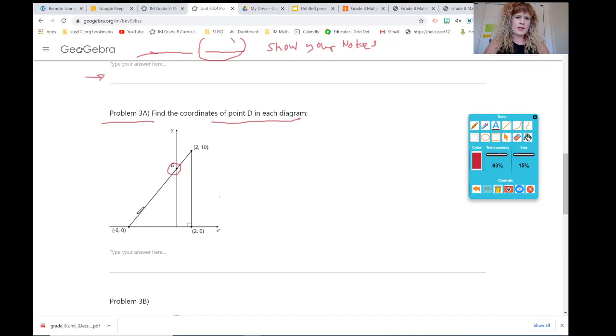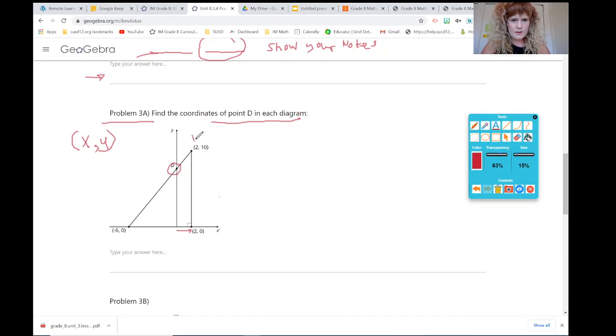I think what we need is the slope of the line. And we also need to look at this value right here. Okay, here's something I want you to always remember. When you see coordinate points, they're telling you the x value first and then the y value. Don't forget that. That's really easy to forget, but I want you to always remember.